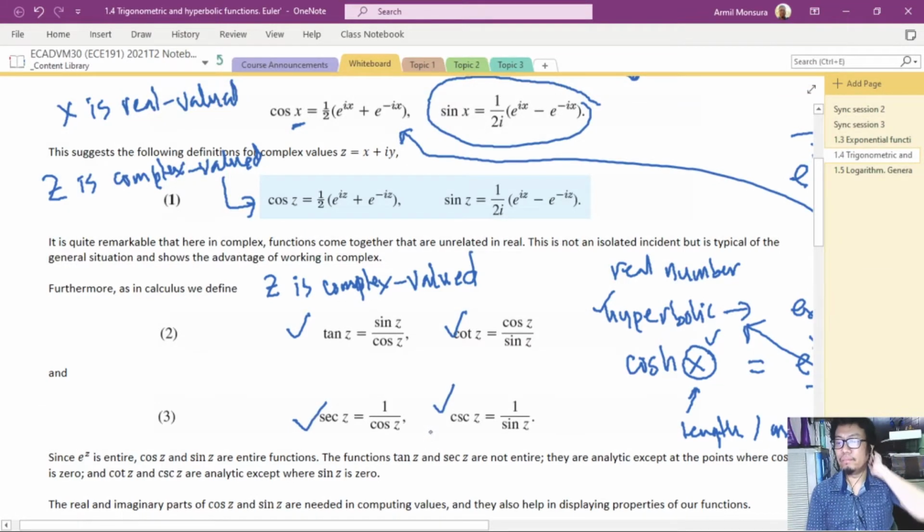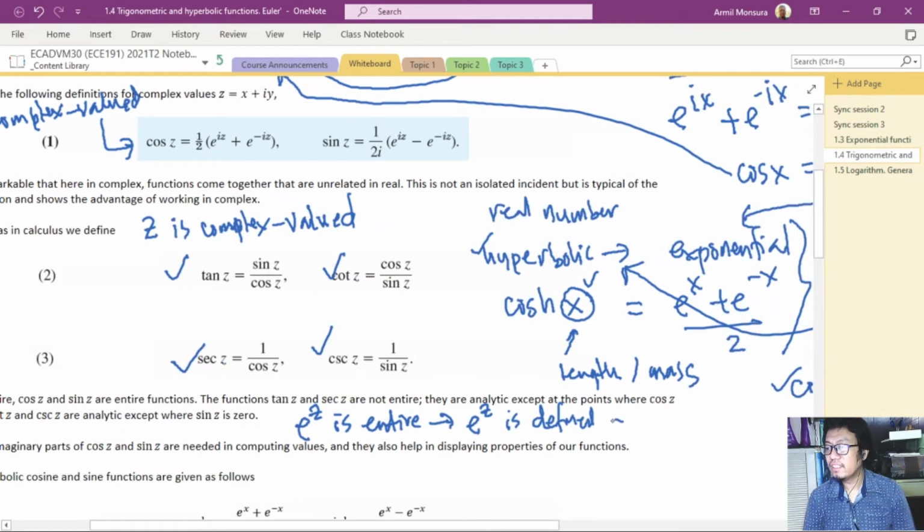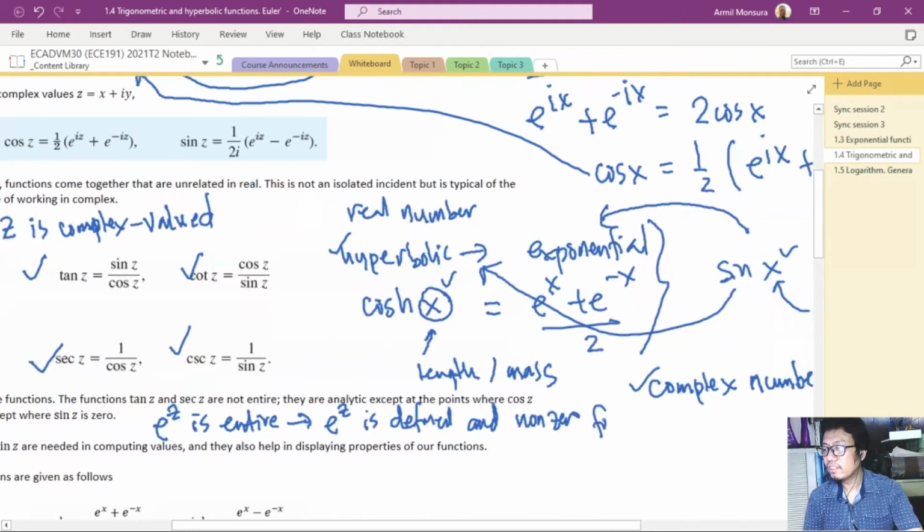Now, when we say the function is entire, there is a statement here that says since e of z is entire, it means the function e of z is defined and non-zero for all z.